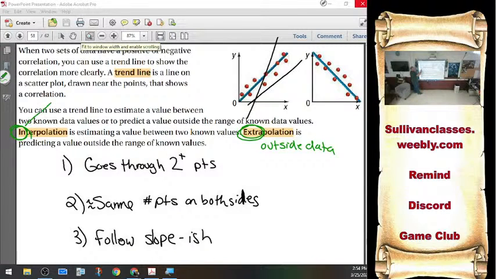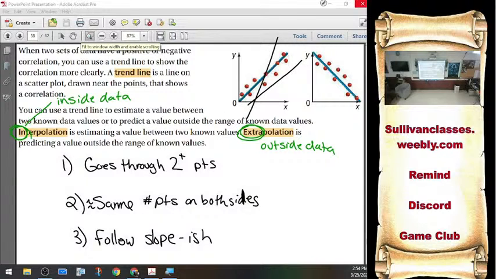Interpolation is inside my data. Example, you go back to that gas thing right above that. Interpolation would be, I'm going to ask you, how many gallons of gas did I get if I paid $2.75?